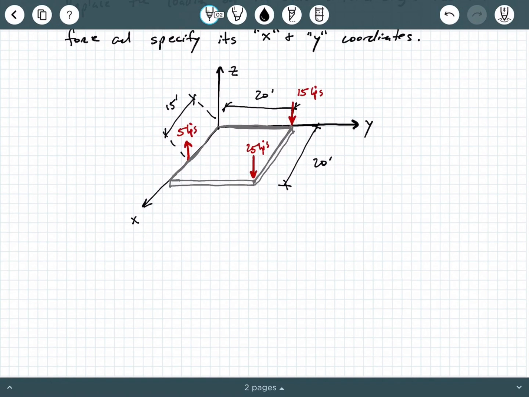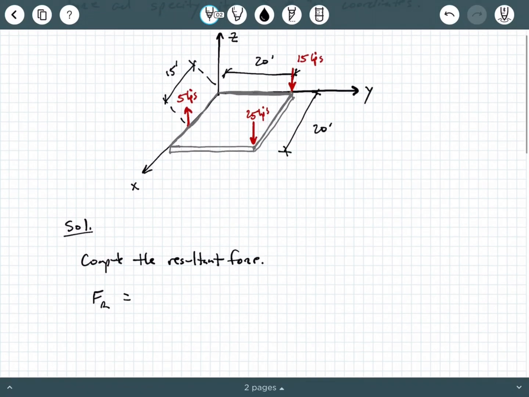All right, so how do we get this process started? The first thing I'm going to do is compute the resultant force. So that's the easy part. The magnitude of the resultant force, F sub r, is going to be equal to the sum of the forces in the z direction, and we'll call up as positive, and that's going to be equal to 5 kips minus 25 kips minus 15 kips.